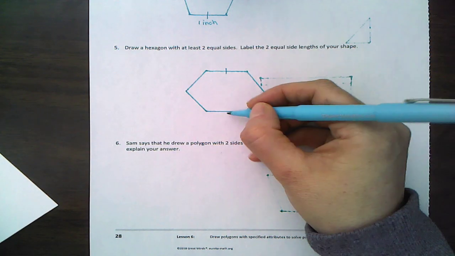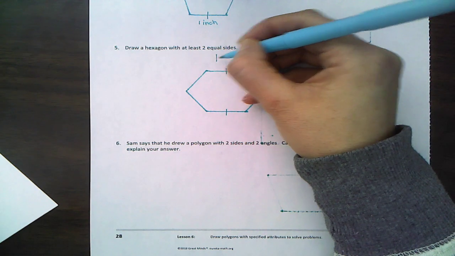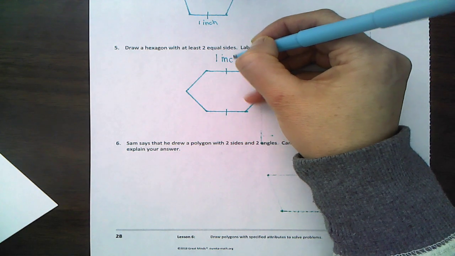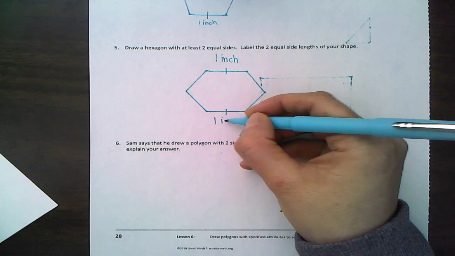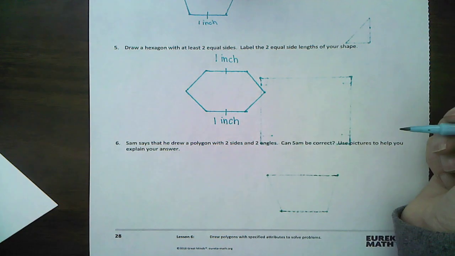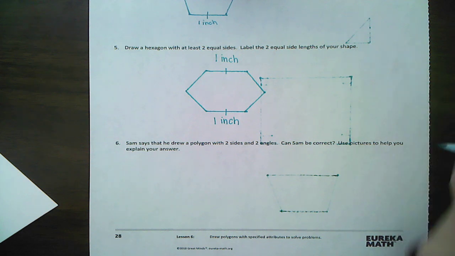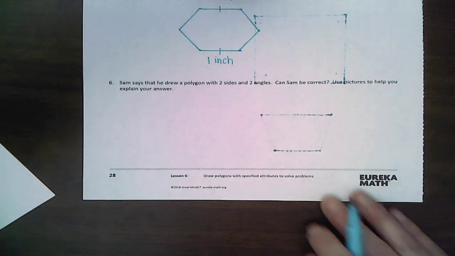There we go. So our equal sides we're going to label are this and this, and we can label them again with 1 inch and 1 inch. Okay. Looks good. All right, let's move on to the very last one.